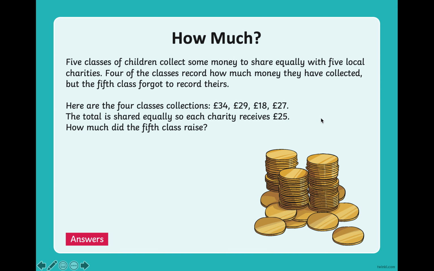We divided it over 5, and it gave us 25. Can you actually guess the answer? Okay, pause the slide and then the video and see if you can get it. Okay. Now the answer is 17. 17 pounds is the 5th one.